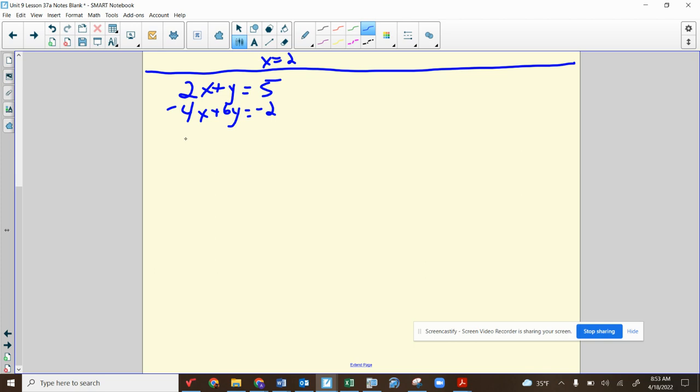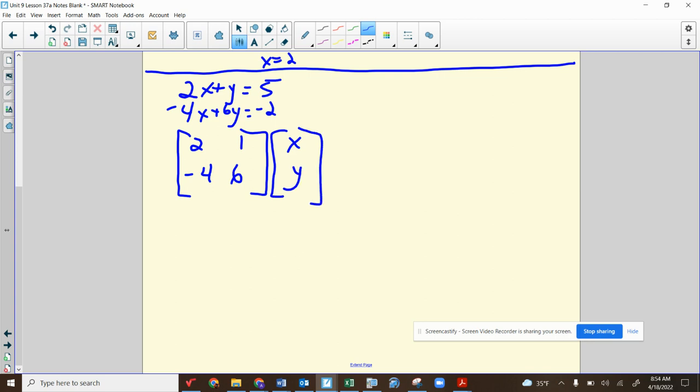So you're going to make 3 matrices. You're going to make the coefficients that are in front of your variables, which is what coefficients are. So 2, 1, -4, and 6. And then the variables, like this.